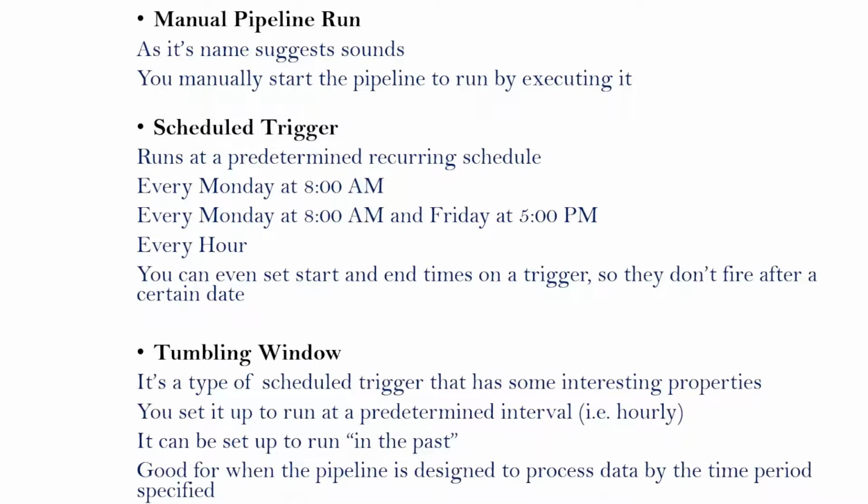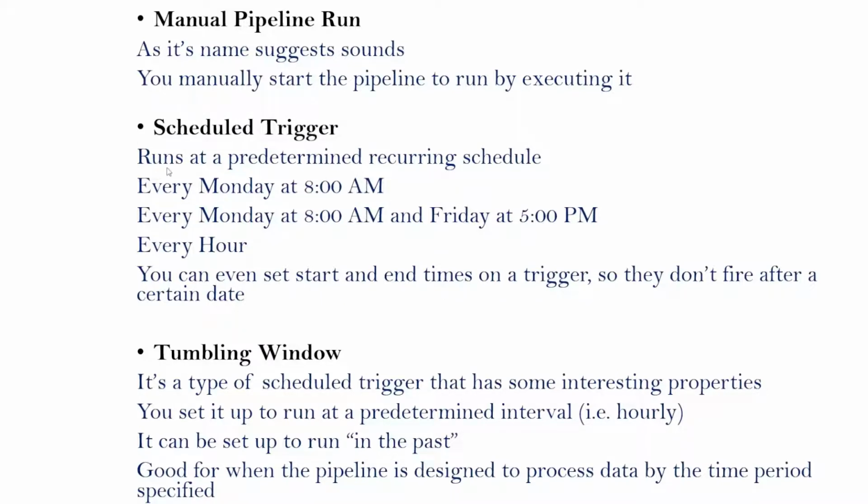Next we have the tumbling window. You need to understand this in detail. Even the example that I was giving you about the 15 minutes time, that was a tumbling window. In most cases in the current scenario, the scheduled triggers are tumbling windows.